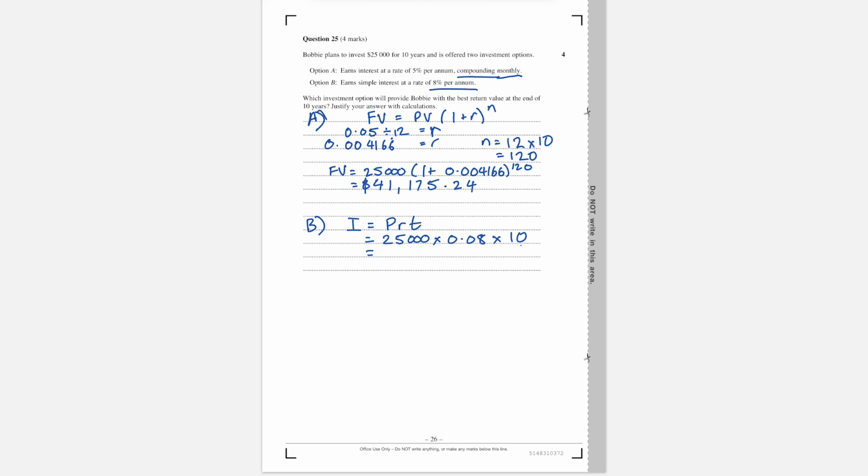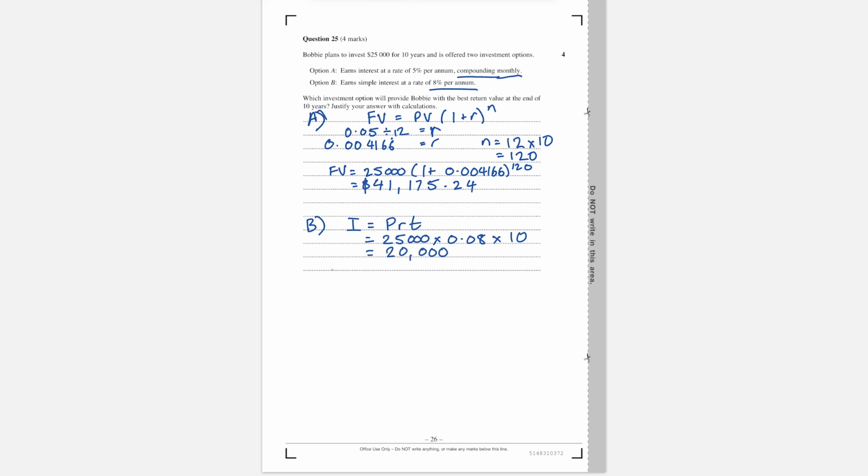Because both our rate and our time is in years, we can keep that the same. All right, so we put that in our calculator, and we get 0.08 times 10 times 25,000. We get 20,000 in interest.